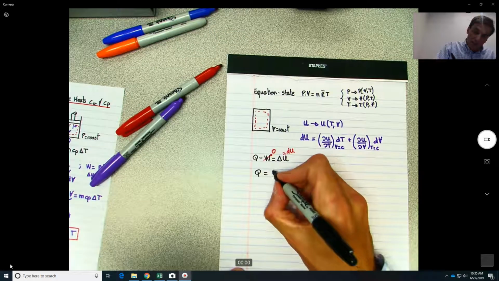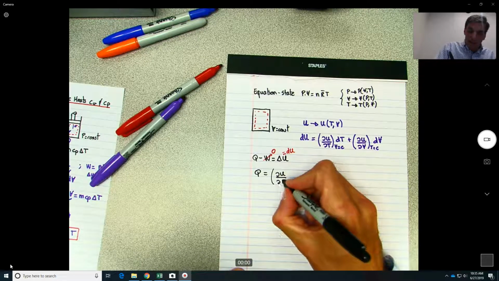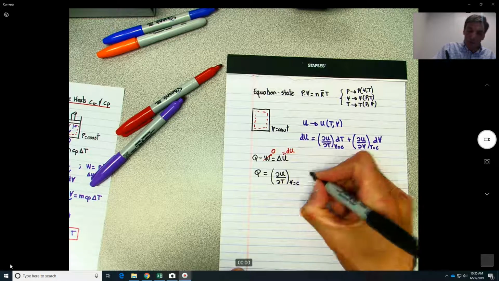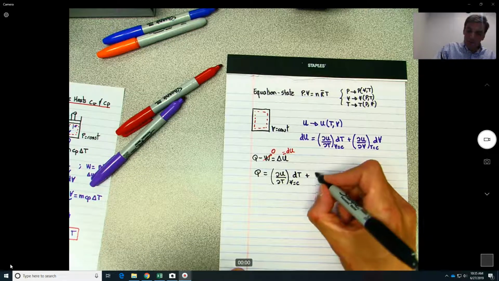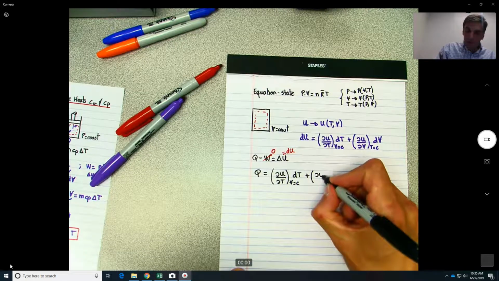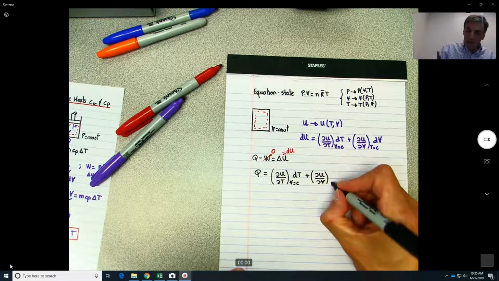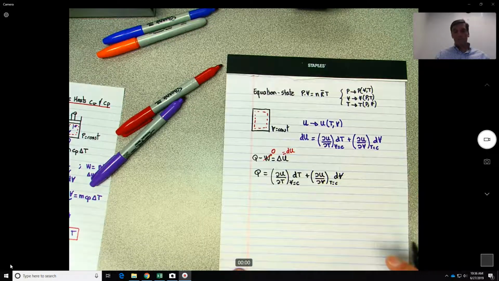Q will be equal to what? Partial U partial T at constant V, dT, plus partial U partial V at constant T, dV.